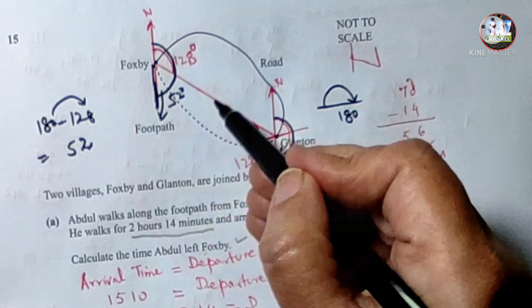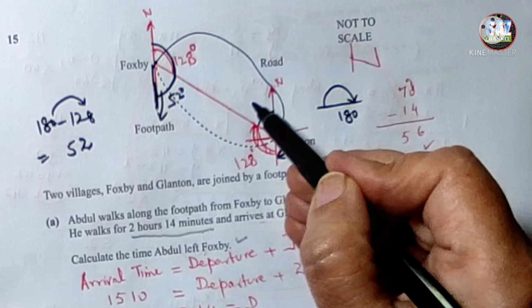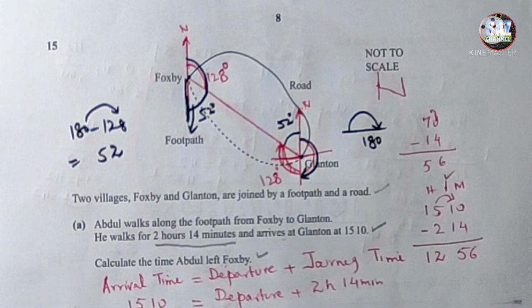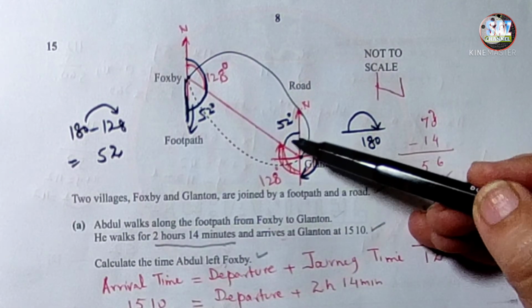And now look, this is again making a Z, and over here we can have a 52 degrees angle due to alternate angles. Now if this angle is 52 degrees due to alternate angles, this is also 52 degrees.